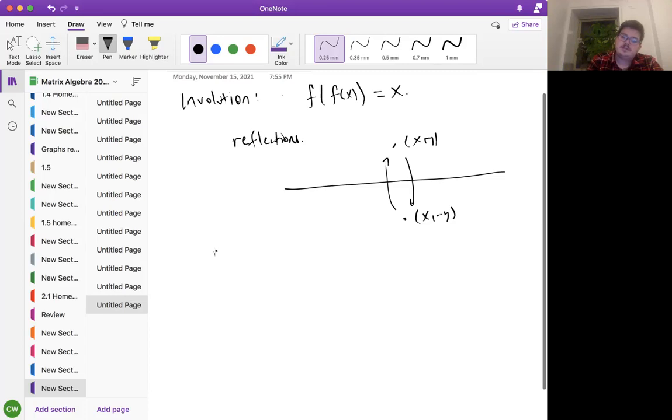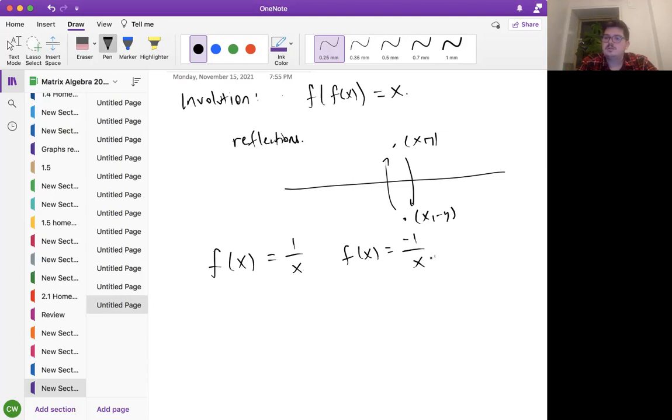Here's another one. Can you say why this is true? Why this is an involution? Involutions are not idempotent. They're a different type of unary operation.